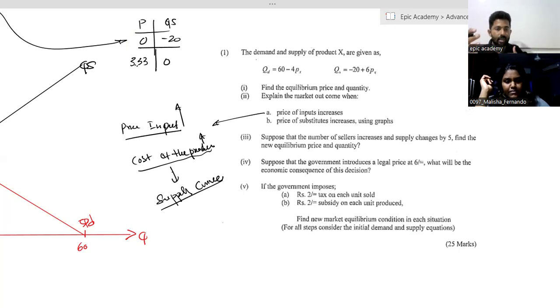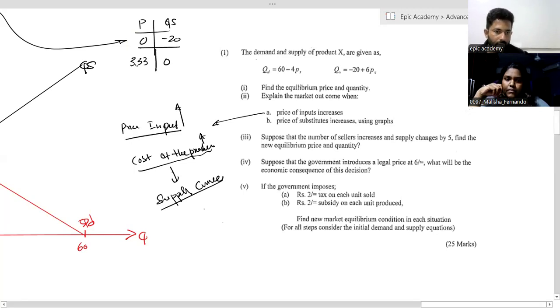Then automatically the profitability level, the profit margin of the company, will be reduced. That is why it's not a good situation for the producer. So you identify that it is not favorable. It creates disadvantages for the supply.